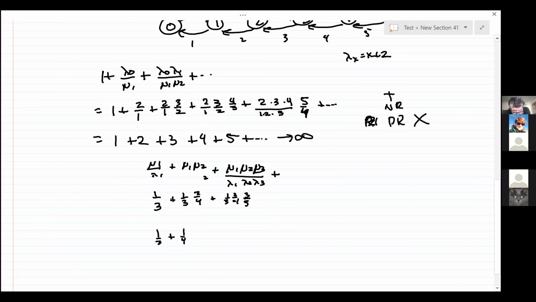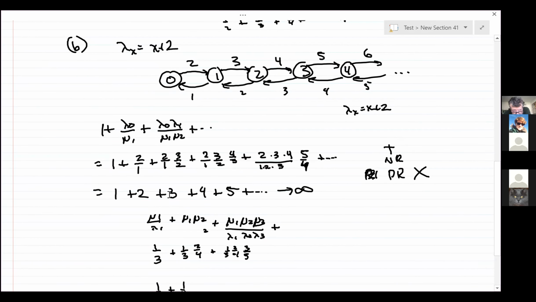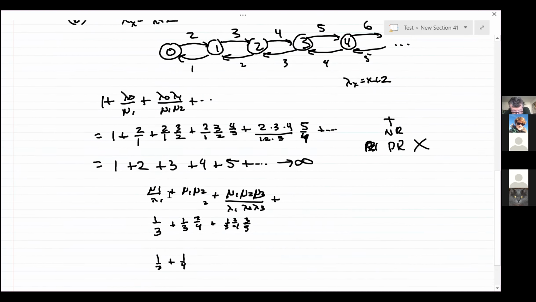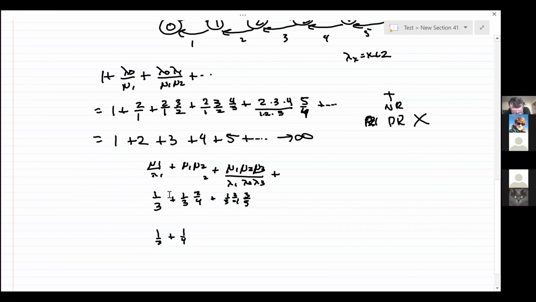The next one was, sorry, 1/3, 2/4, and 3/5. So this is not harmonic. What is it? This is 1/6, right?